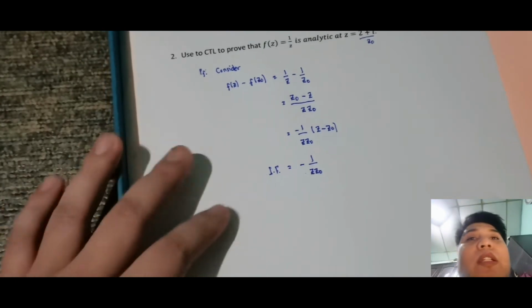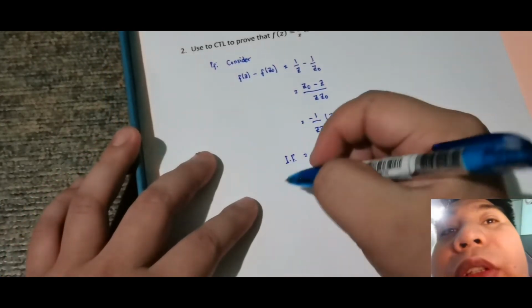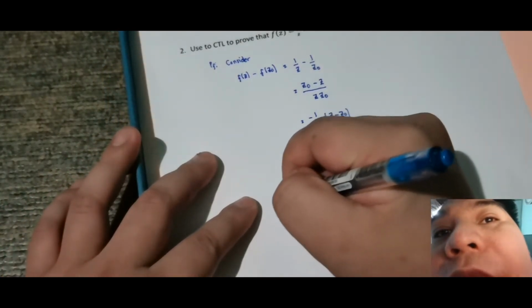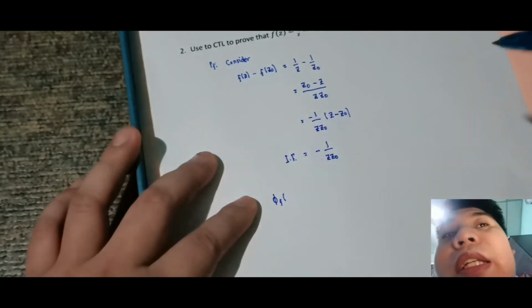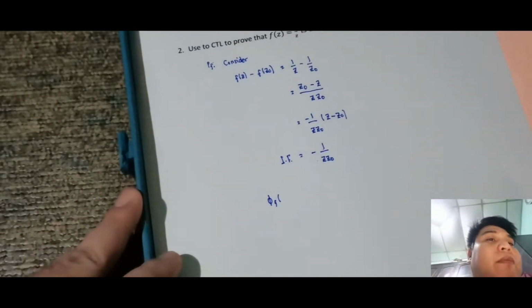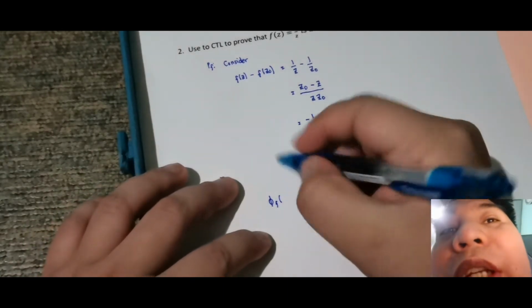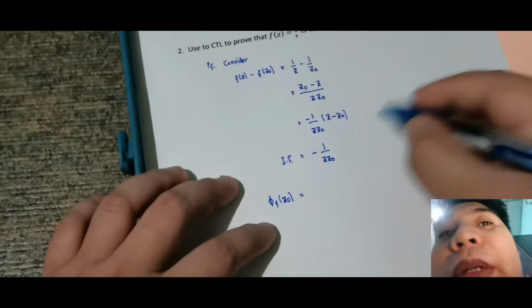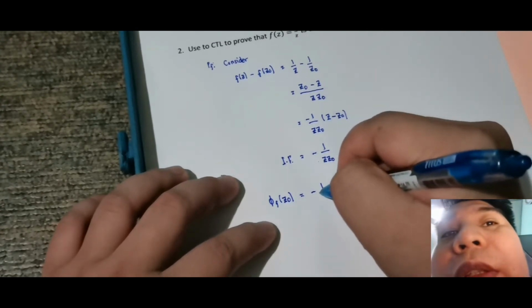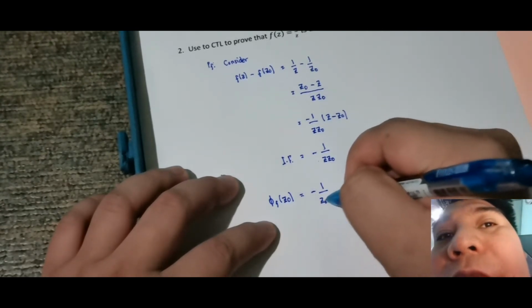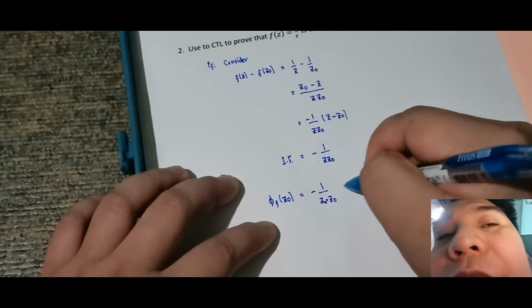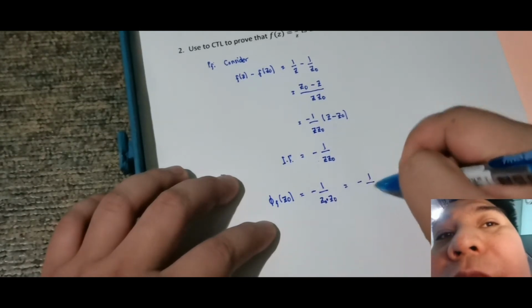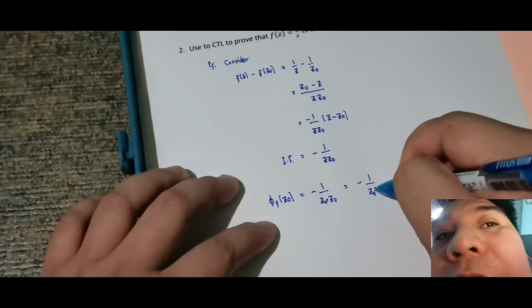Okay, so next is i-evaluate natin. So ito yung ating P function of F. So yung P function of F, evaluate natin at 2 plus I. Okay, or meaning Z naught muna. Gawin muna natin Z naught. Okay, so Z naught, this is equivalent sa negative 1 over Z naught multiplied by Z naught, which is equal sa negative 1 over Z naught squared.